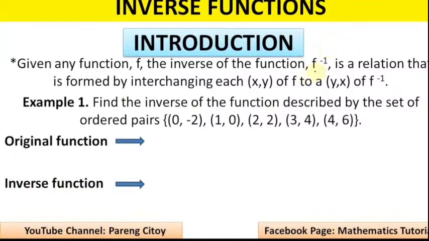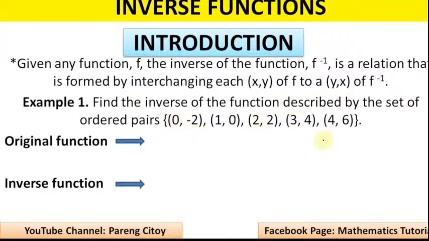The symbol for the inverse function is f raised to negative 1, or f inverse, is a relation that is formed by interchanging the x and y of f to y and x, the coordinates of y and x of the inverse. So example number 1, find the inverse of the function described by the set of ordered pairs.